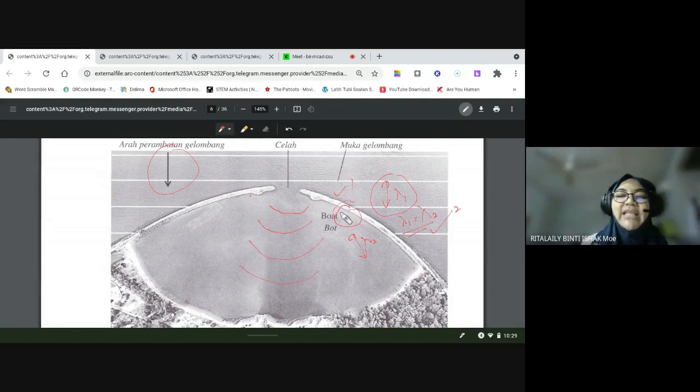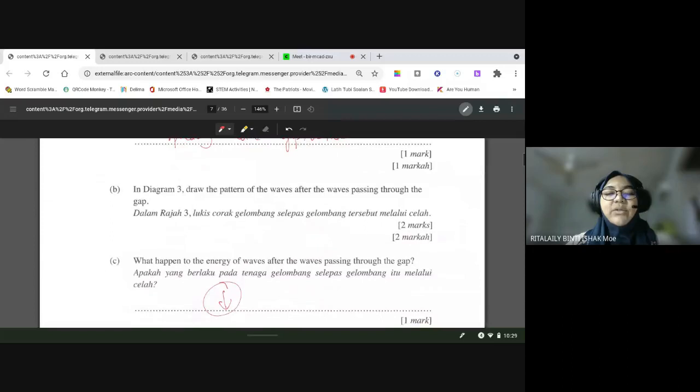Kalau boat tu dekat sini ataupun di sini, then maybe smaller gap sebab dia less energy. Okay, tapi sebab boat dia betul-betul dekat tepi ni. So kalau dia more circular, wave tu akan sampai lah. But if it is less diffracted, dia akan sikit je. Okay. So seterusnya.